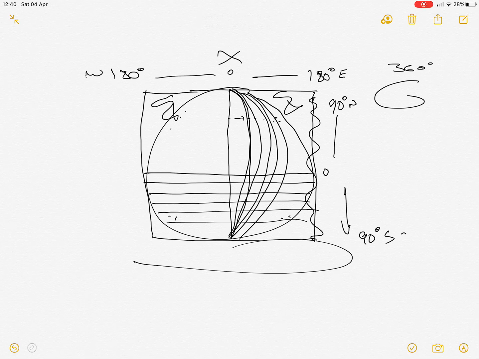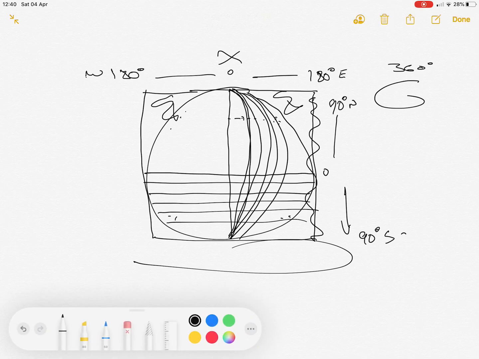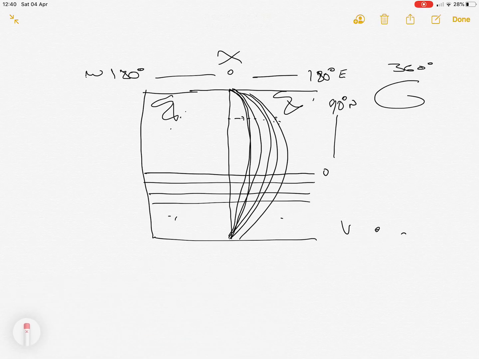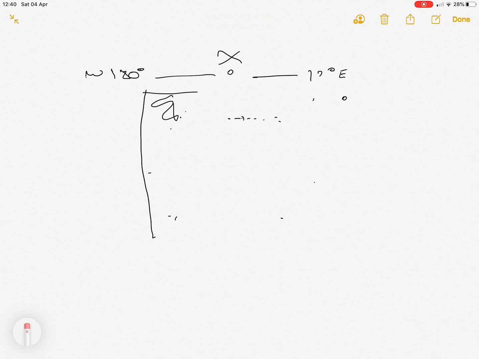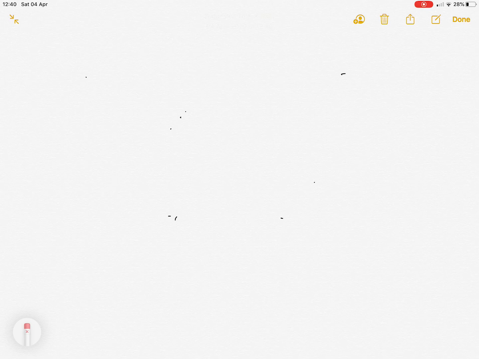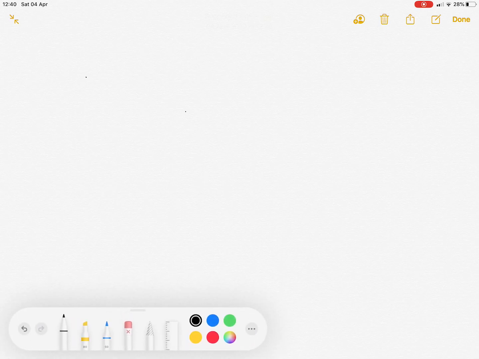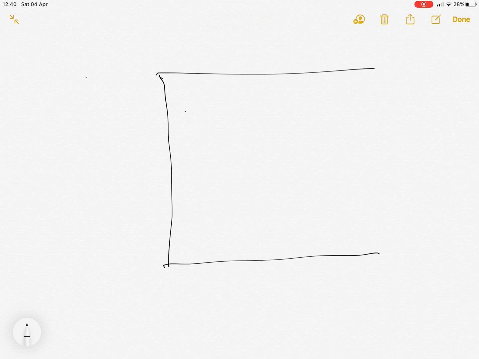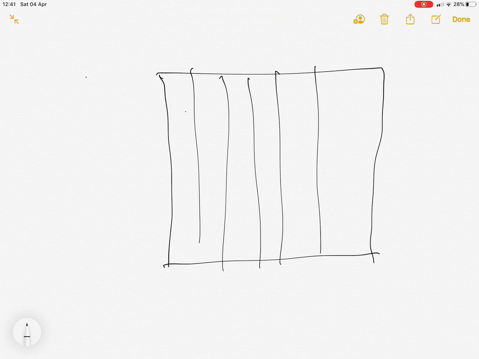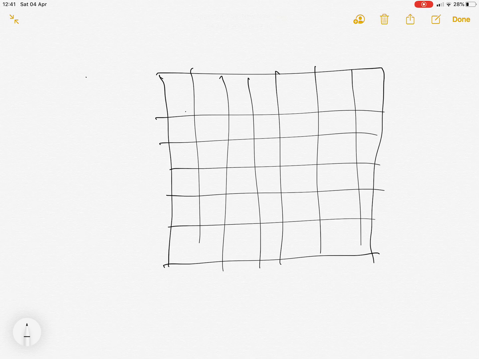Okay, now I'm just going to clean that up and then we can carry on. So if you can visualize that chart being our piece of paper with our longitude lines running straight and our latitude lines running across, each cutting at 90 degrees.